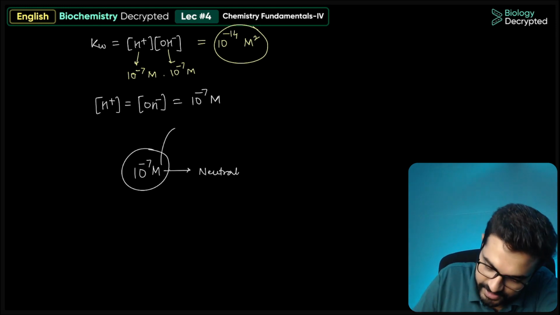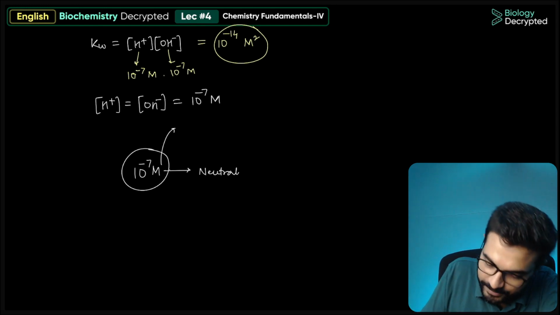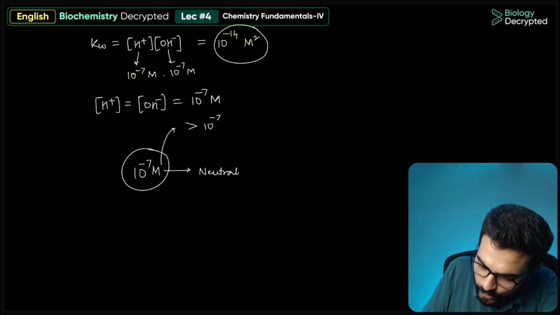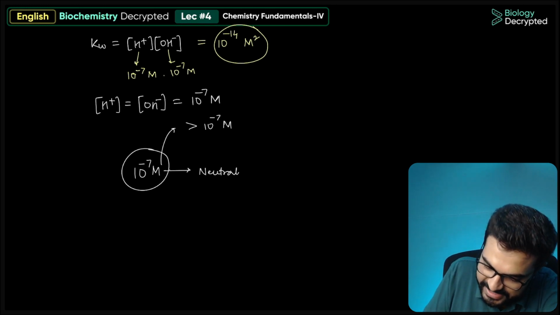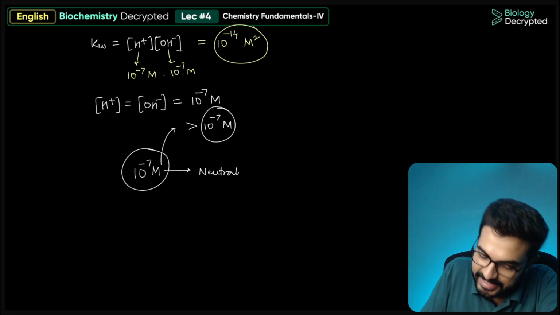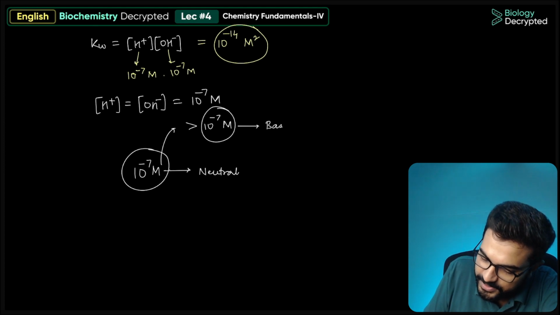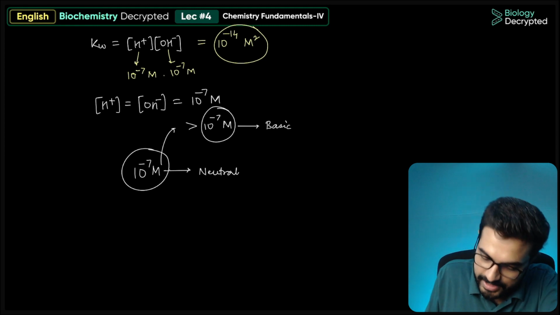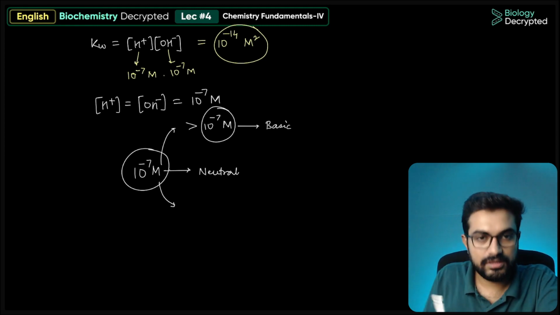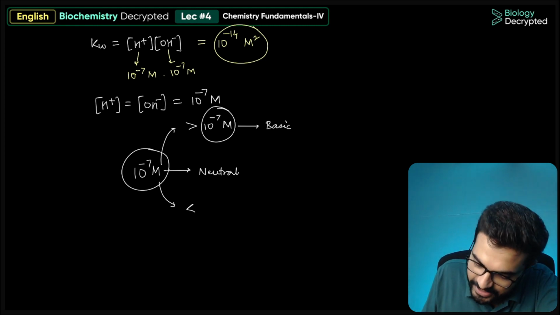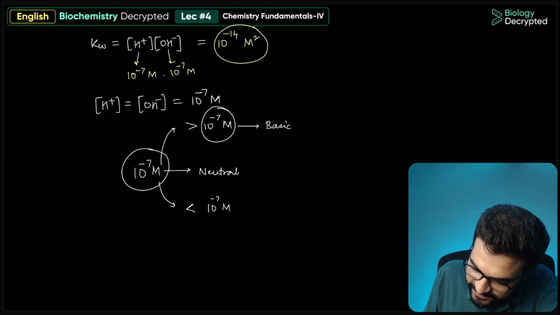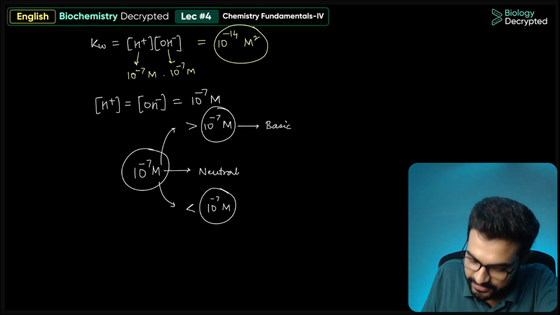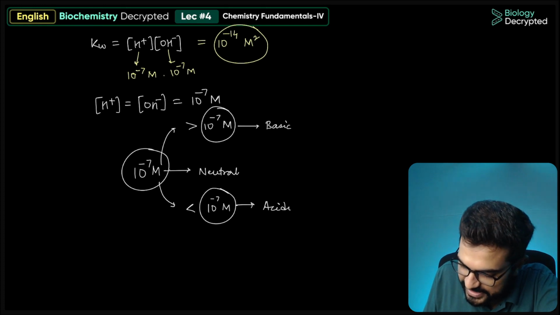Now if we go beyond this, for example, if the concentration of H plus ions is more than 10 to the power minus 7 molar, then such a solution will be termed as basic. If it goes below this, then the value will be less than 10 to the power minus 7 molar of H plus ion concentration, and therefore this will be called acidic.